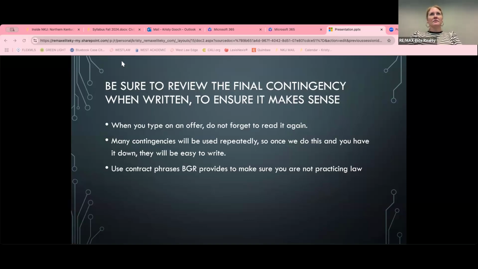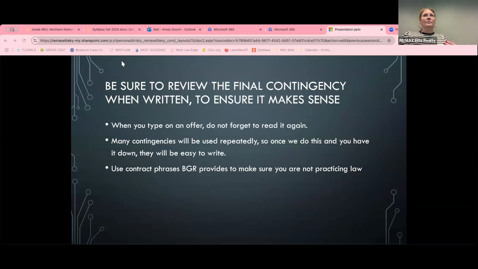Okay, so buyer to order and pay for a survey that divides up 40 acres into 10-acre tracts of land.